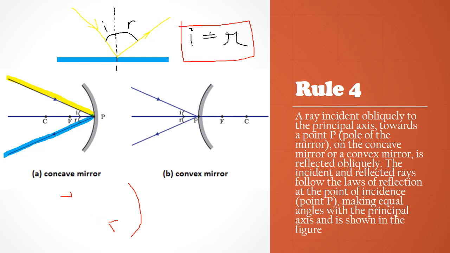Now your third rule states that when a light passes through the focus, after reflection, what will happen? It will move parallel to your principal axis.